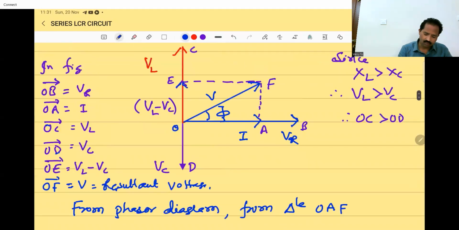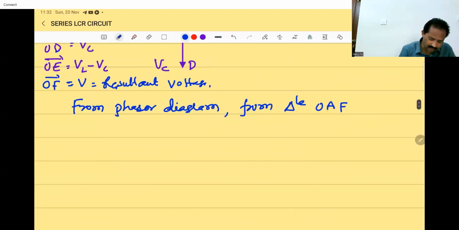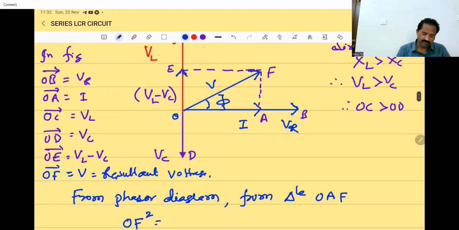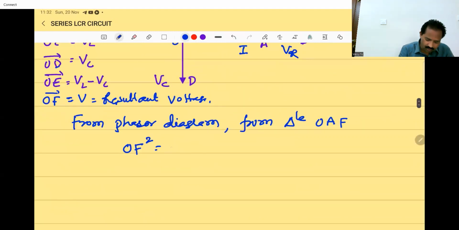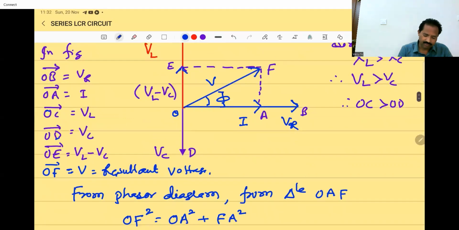Is it correct? OAF. We can write OF square is equal to, look at that, OF square is equal to OA square plus FA square. OA square plus FA square. Okay, makla? From Pythagoras theorem.